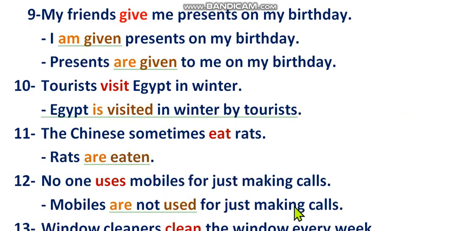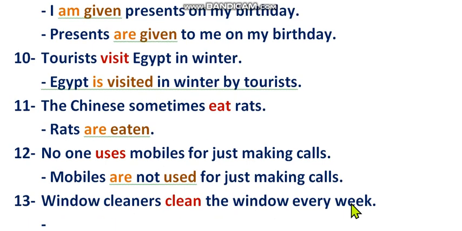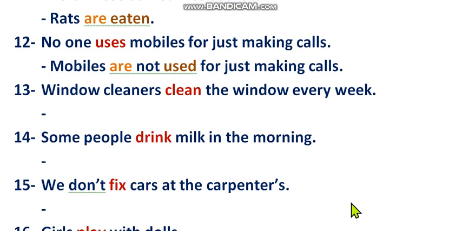Okay, let's move to some more examples. Here, window cleaners, the workers who clean windows, clean the window every week. So the object here is clearly the window.